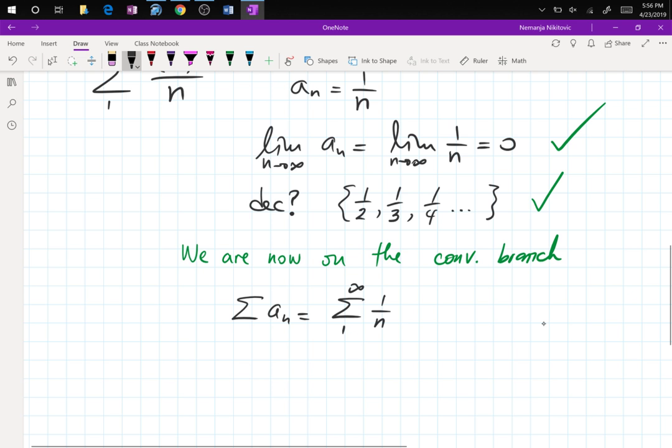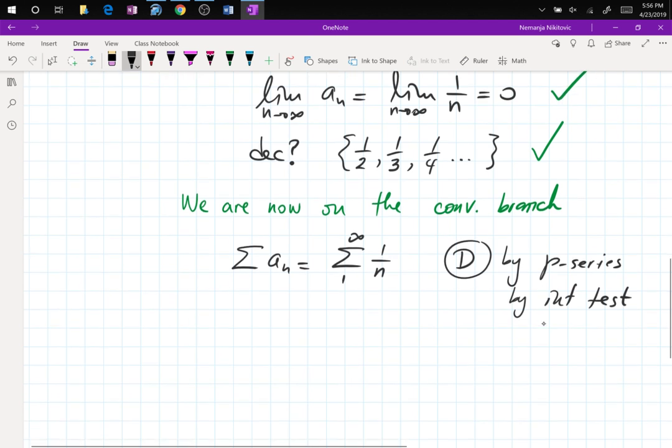Now, what do we know about this? It diverges by p-series, or by integral test, very good, or we just know it's the harmonic series, that versus you memorized it. So the harmonic series 1 over n diverges.